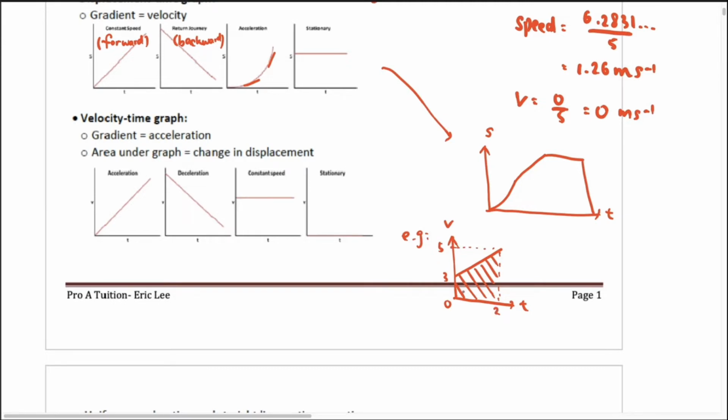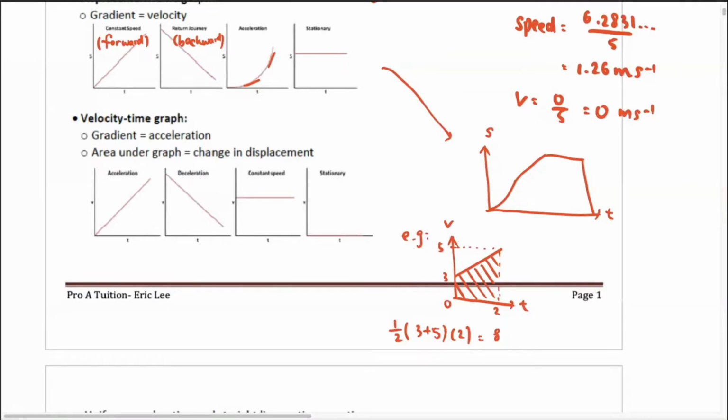Okay, so if I want to find out the area, I just use trapezium, and the trapezium's formula is 1/2, add up the parallel sides, 3 plus 5, and then you multiply with 2. So 8/2 is 4, 4 times 2, 8. So the area is 8.